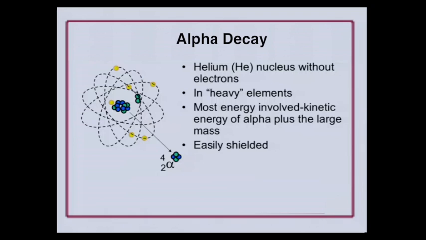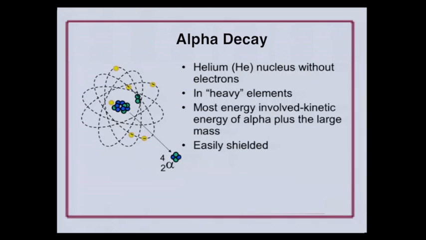We see the alpha decay mostly in the heavier elements. As noted earlier, the easy shielding can be a simple matter of placing a piece of paper over the source, and you can shield it away. A layer of dead skin is a good shield for alpha.